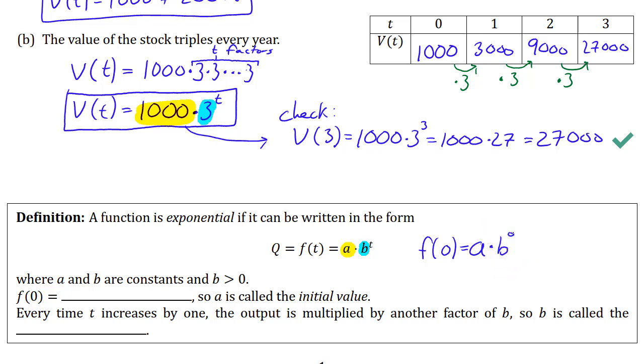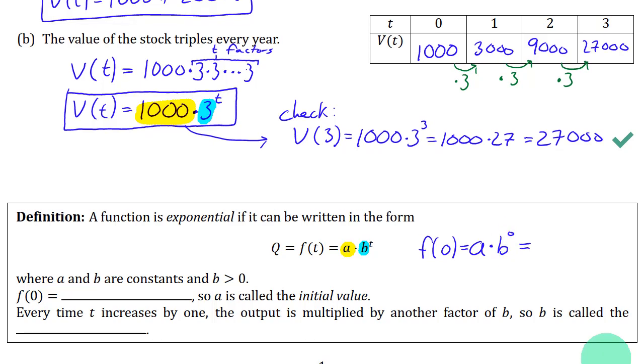Well, let's remember back from the G.1, G.2 stuff, and also back in chapter 4, anything to the power 0 is 1. So hopefully you did okay in chapters G and 4. So you know that b to the power 0 is 1. So a times 1 is just a. So this is why it doesn't matter what b is. f of 0 is always going to be whatever a is.